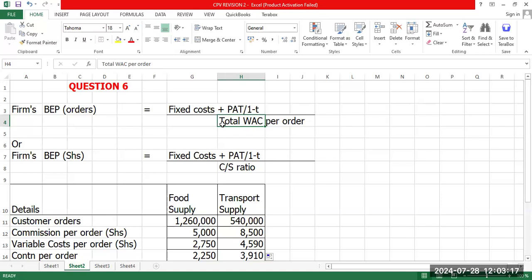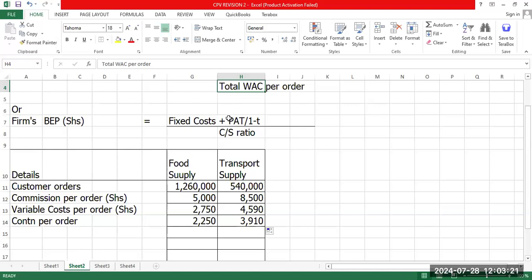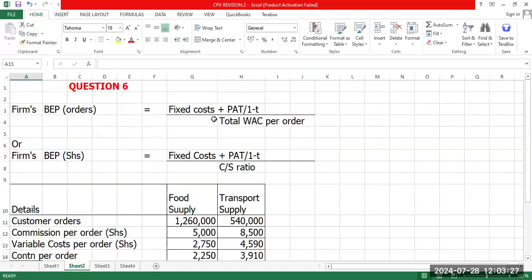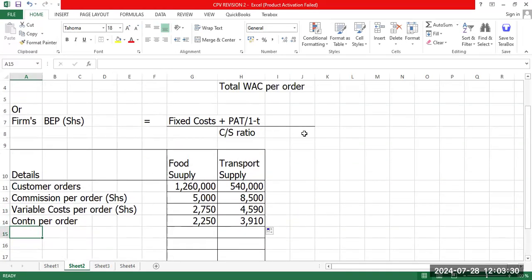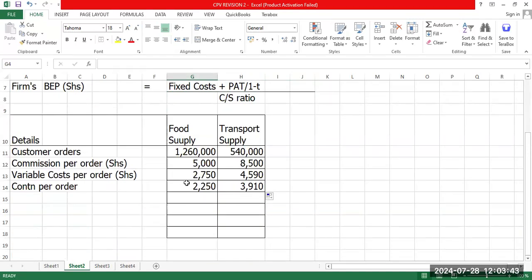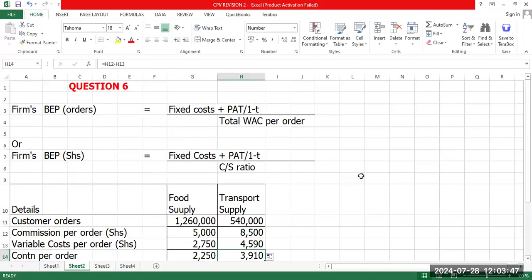If you decide to get sales mix on your own, as we are going to see going forward, you put sales mix here. But if it is not given, always just use total contribution per order, getting this plus this, then the answer goes here.